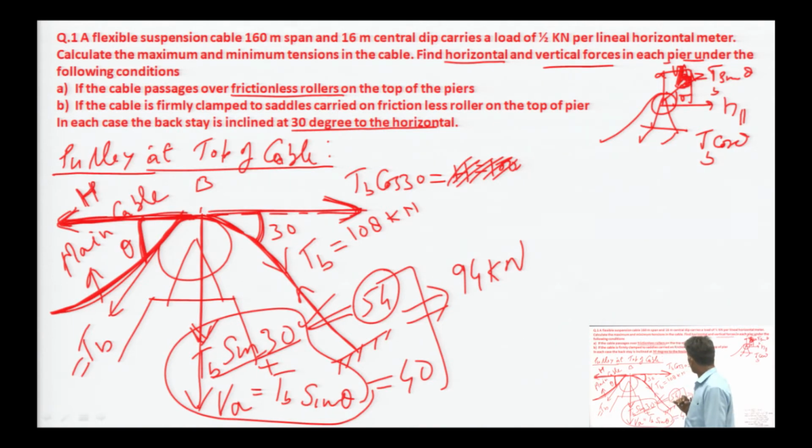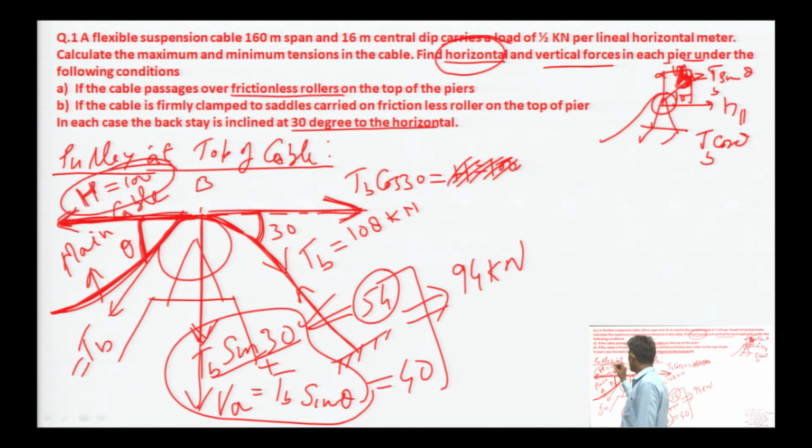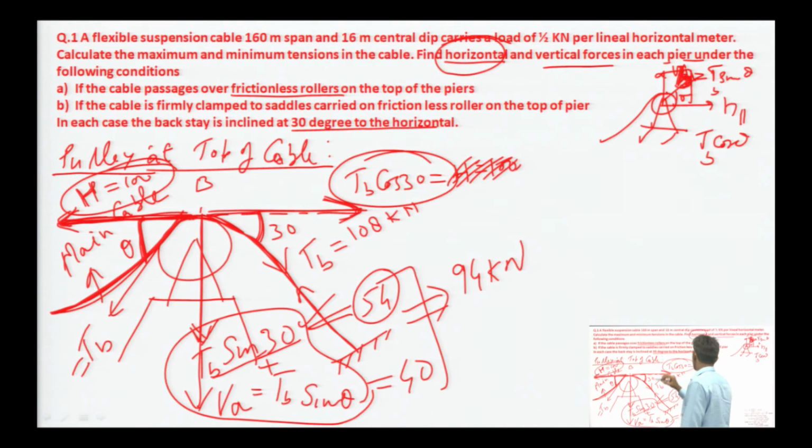Okay. And what will be the value of horizontal thrust? H is known to us as 100 kilonewton, and this value can be calculated by putting 108 into cos 30. So, the difference of this will be the horizontal thrust.